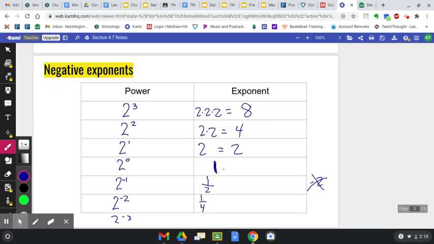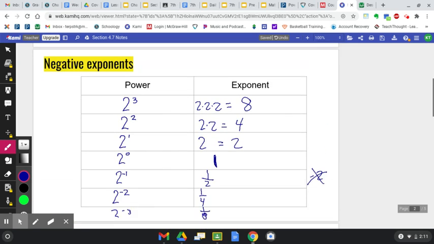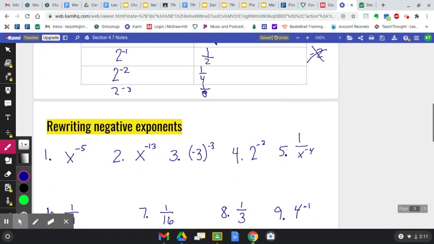So if 2 to the first was 2, 2 to the negative first was 1/2. 2 to the second was 4, 2 to the negative 2 is 1/4. 2 to the third is 8, so 2 to the negative third should be 1/8.